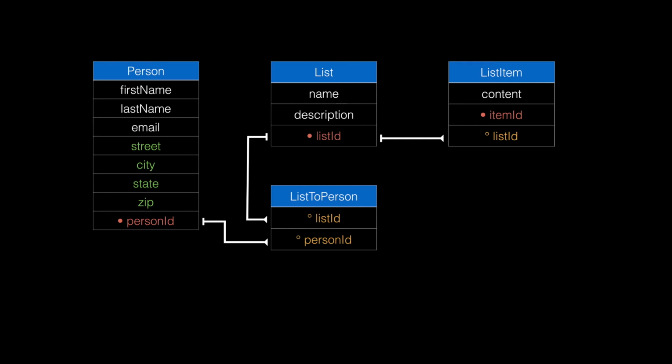But we could then relate it to the list that it belongs to by using that list's primary key here in that table. So the orange field there with the hollow dot is called a foreign key, and that's foreign for a logical reason. We're bringing in some other entity, a foreign entity. We're bringing in their ID here so that we can establish a relationship between them.